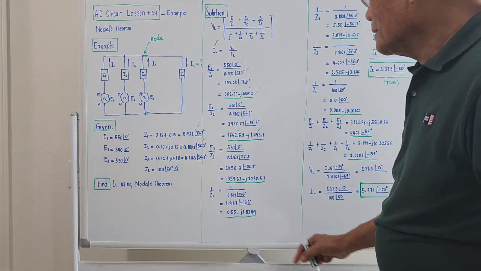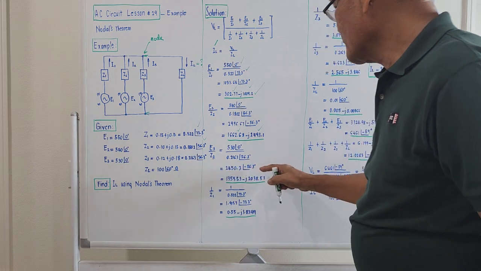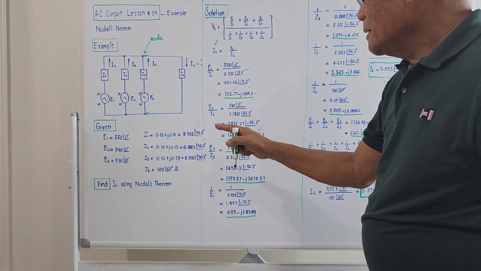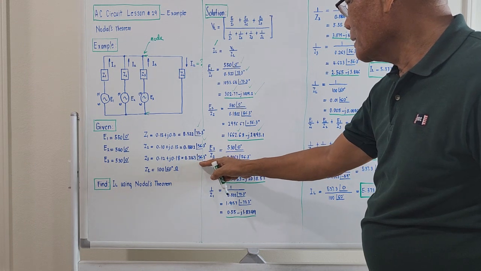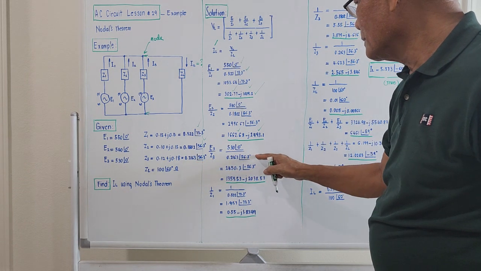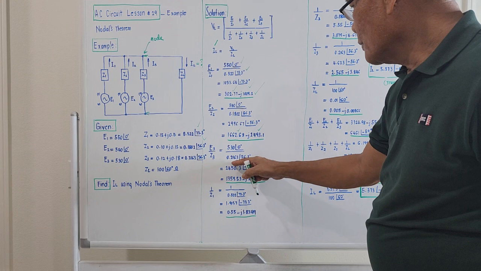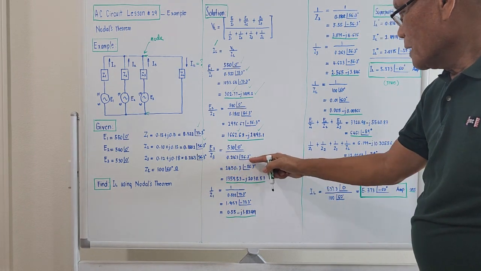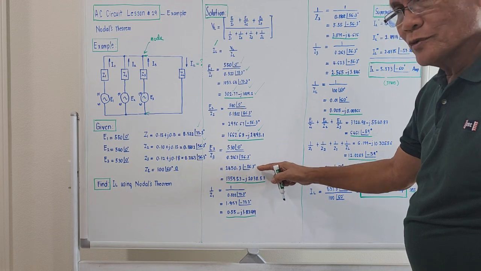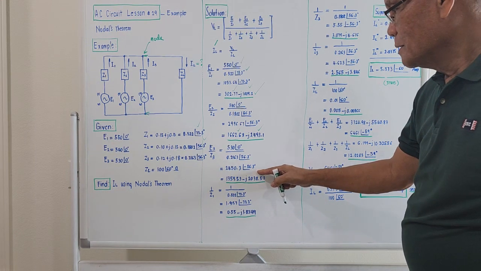E3 over C3. E3 is 530 angle 0. The value of C3 in terms of polar is 0.2163, angle 56.3. 530 over 0.2163, that will be 2450. We raise this up, this should be negative 56.3 degrees.